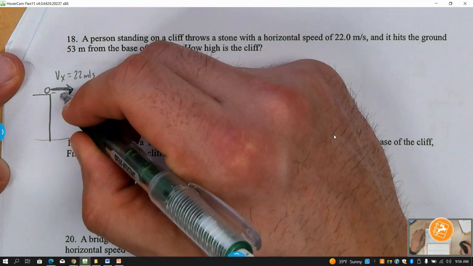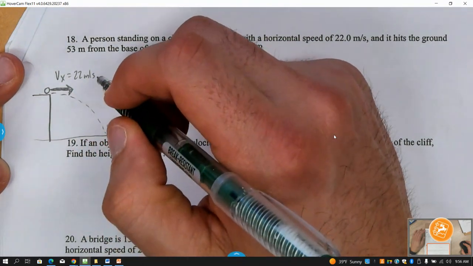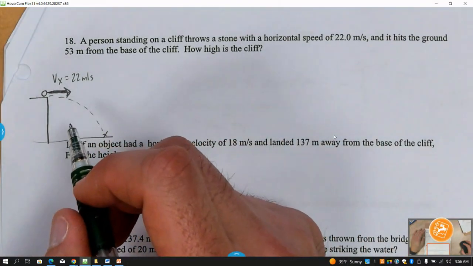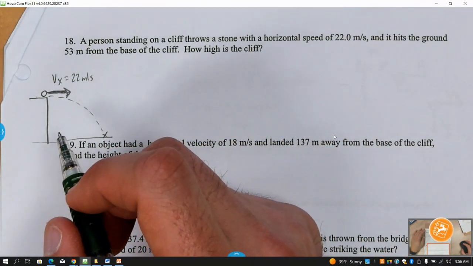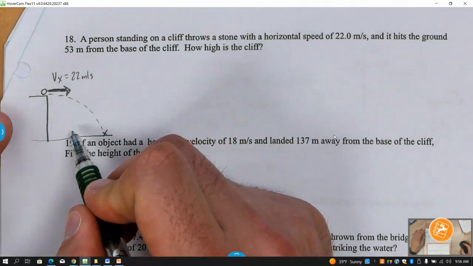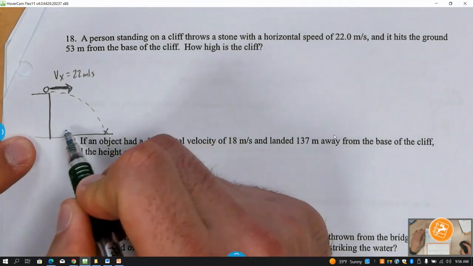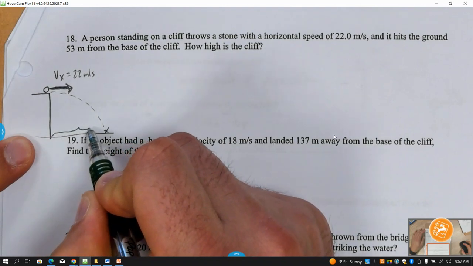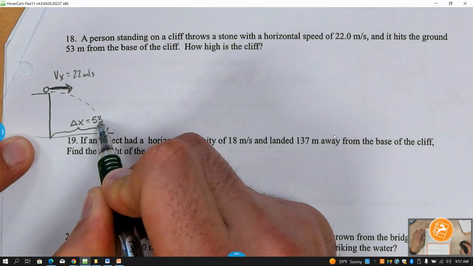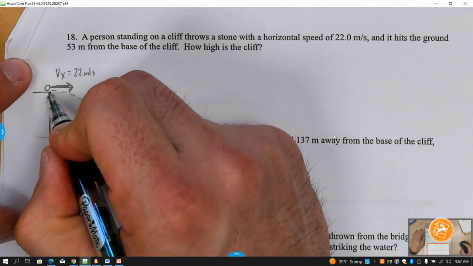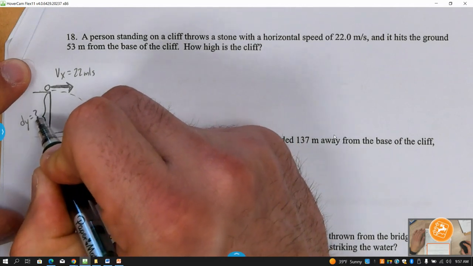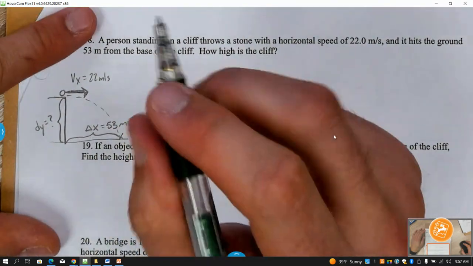And then it says it lands 53 meters away from the base. So if it's away from the base, that's your delta x. So that is your 53 meters. They want to know how high up the cliff is.